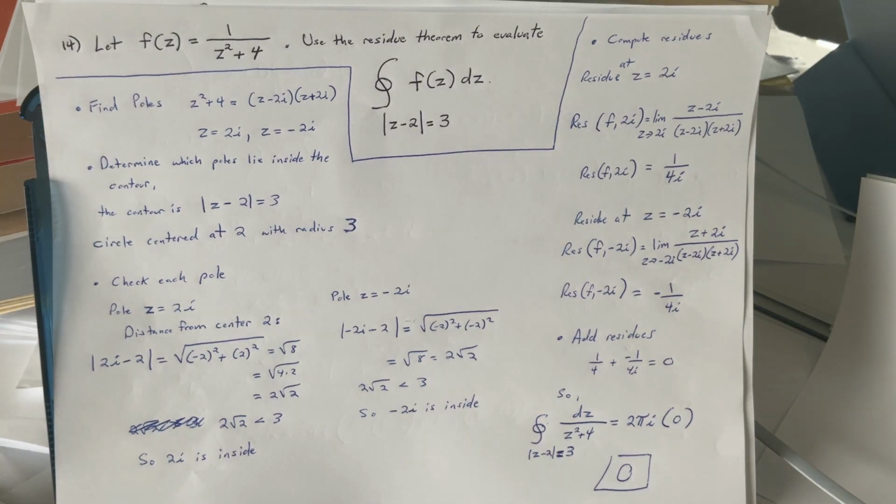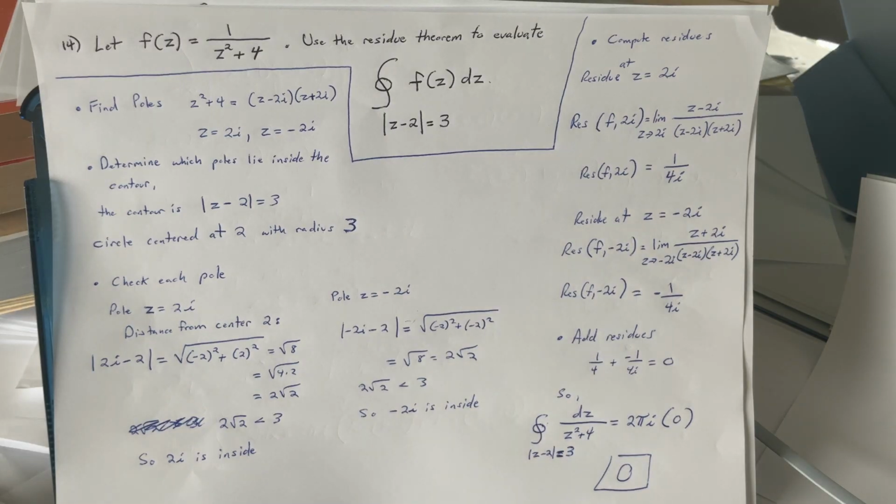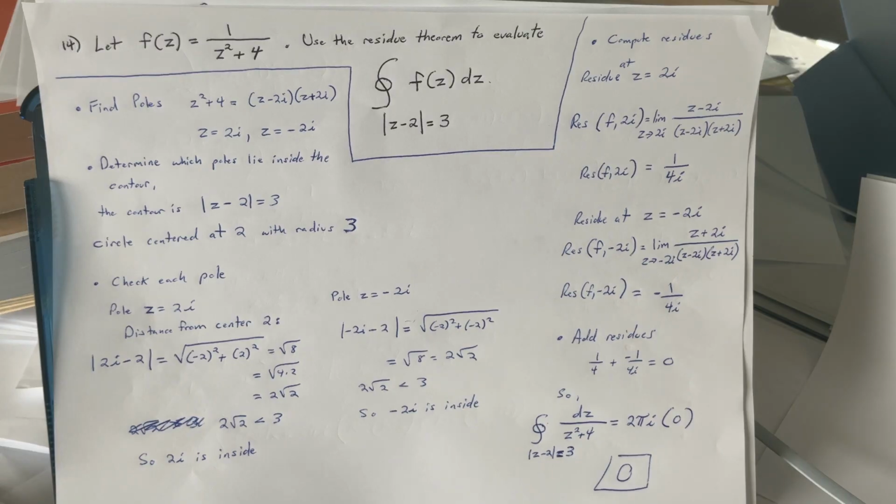First step, find the poles. I'll go through this quickly. z equals 2i, z equals negative 2i. Then determine which poles, this is important, lie inside the contour. So the contour is the absolute value of z minus 2 equals 3. Think of a circle centered at 2 with a radius of 3.